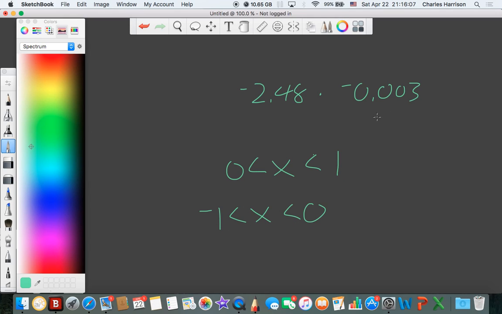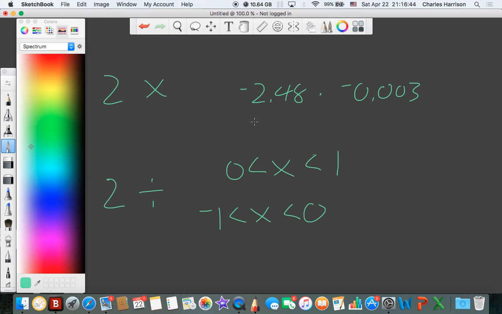If we're dividing a whole number, like 2, by a number between 0 and 1 or between negative 1 and 0, we're going to have a bigger number, slightly bigger or really bigger, that's either negative or positive. And if we multiply instead, it's going to be smaller.